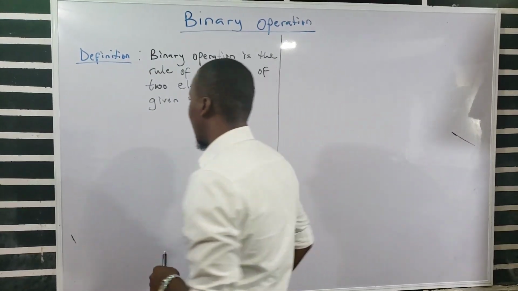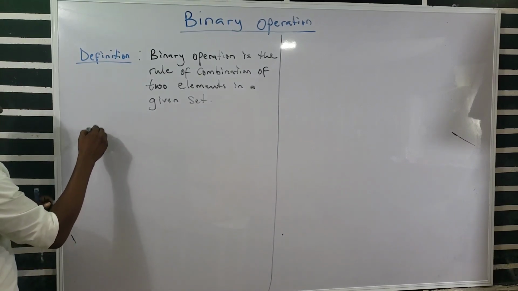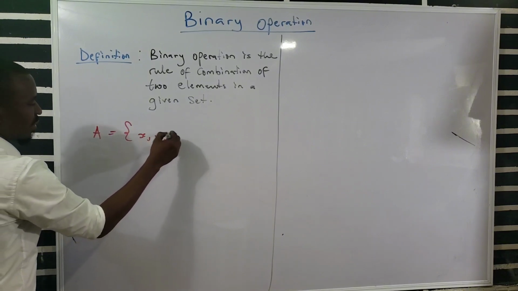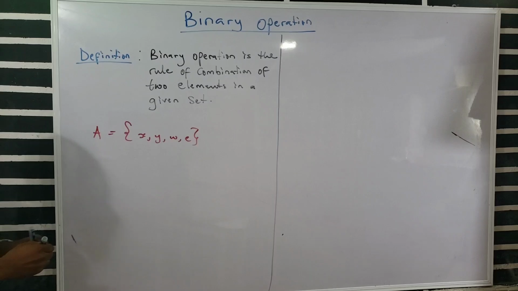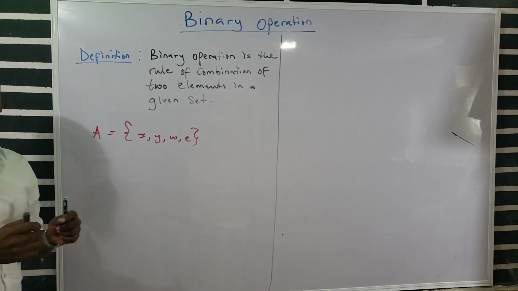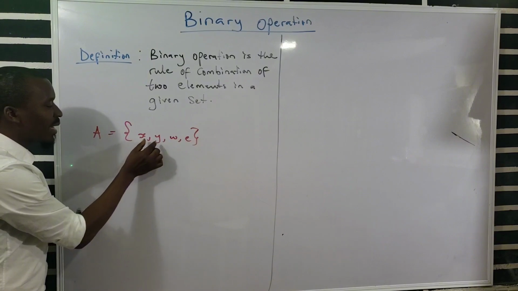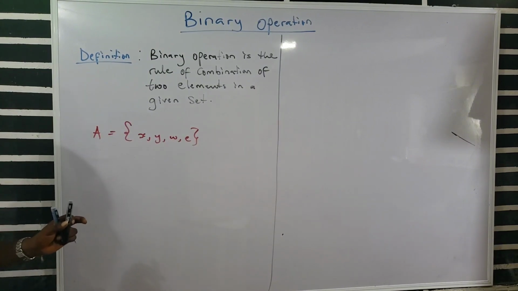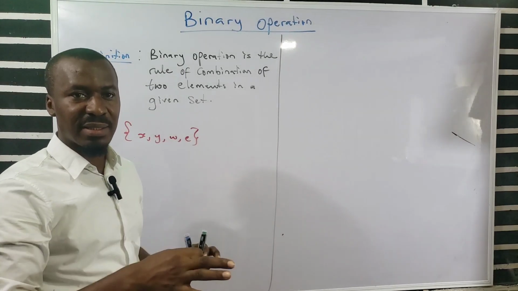So if I have a set, let's say a set A, which contains, let's say, X, Y, W, E. Now, what is the rule of combination? Which rule am I going to use to combine any two of these elements? That is binary operation: the rule of combination of two elements in a given set.